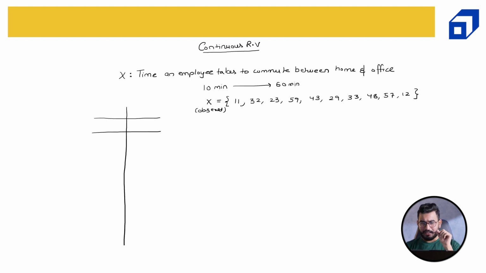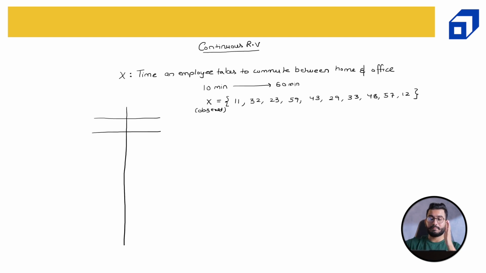Now, can I take each of them as a random variable? No, because this is a continuous random variable. So my question to all of you is, are these the only possible outcomes which I can get from this experiment? No. We can have more outcomes.